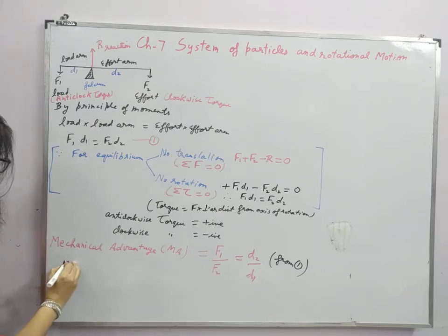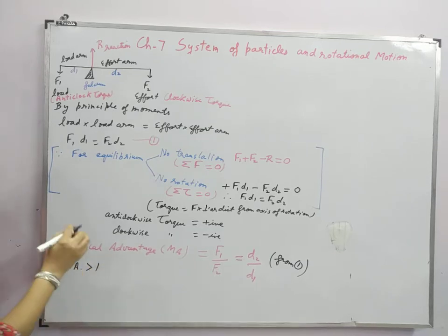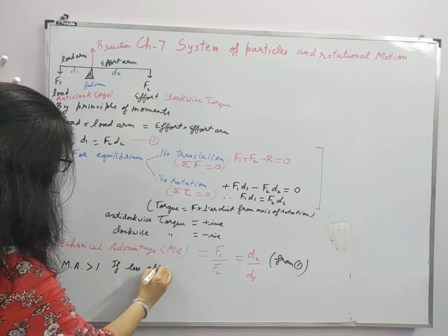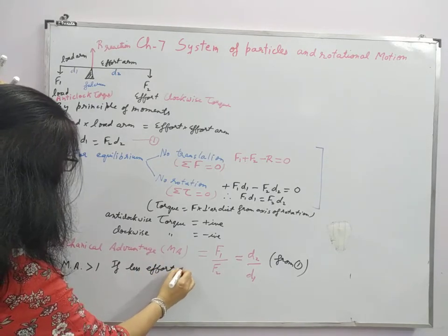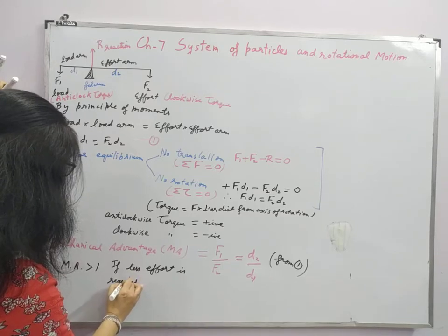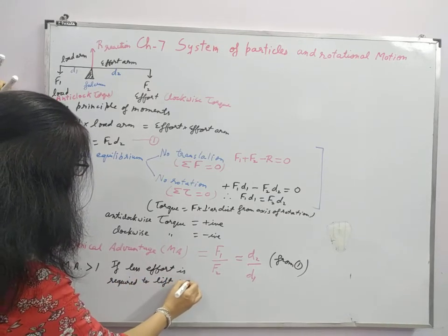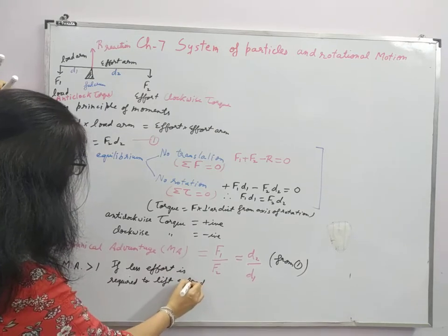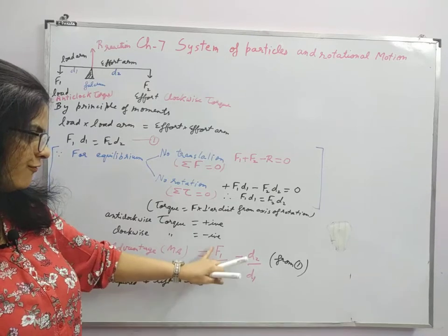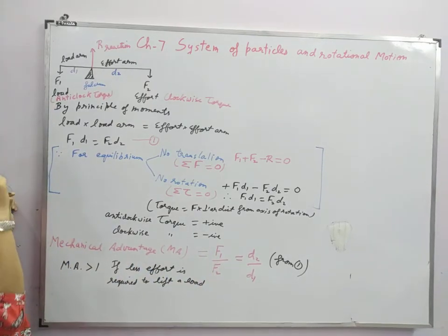So mechanical advantage is greater than 1 if less effort is required to lift a load. What is F2 here? F2 is the effort. So F2 is less. If F1 is greater and F2 is less, then it will be greater than 1, right?